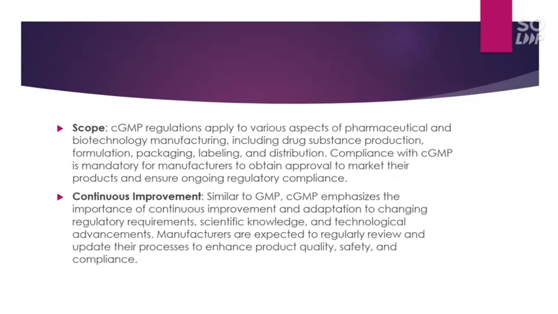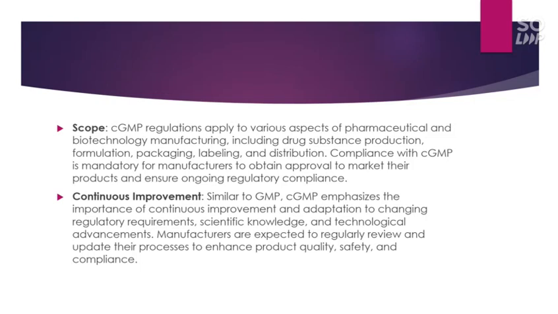cGMP regulations apply to various aspects of pharmaceutical and biotechnology manufacturing, including drug substance production, formulation, packaging, labeling, and distribution. Compliance with cGMP is mandatory for manufacturers to obtain approval to market their products and ensure ongoing regulatory compliance.